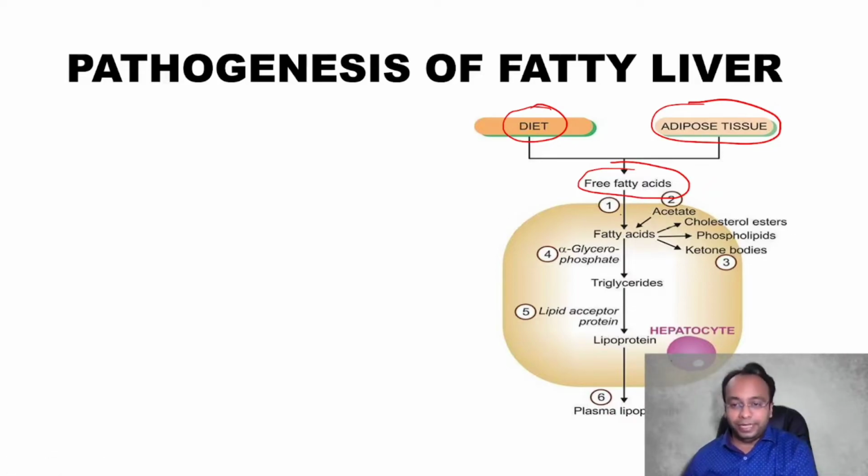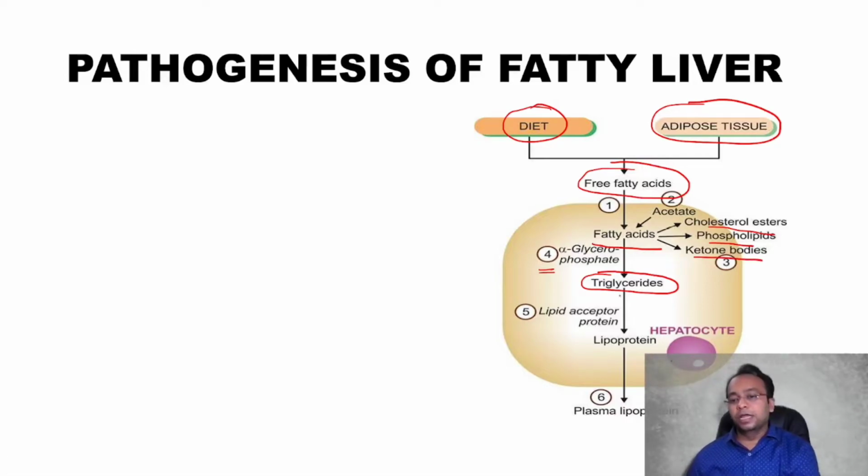Now this free fatty acid first of all enters into the liver, right? After entry into the liver, it will be immediately esterified into triglyceride with the help of alpha glycerophosphate. But a small portion of fatty acid can get converted into cholesterol ester, phospholipid, and ketone bodies.